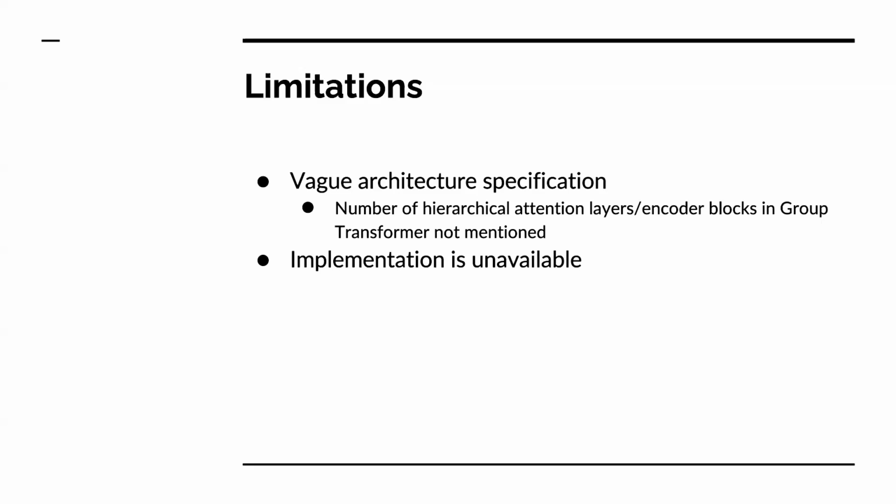We can't find a GitHub for it, so we can't run some tests. We can't replicate these results that I just showed. Lastly, although HiCLIP introduces significant gain in performance, computing the hierarchy attention mask adds a lot of overhead. There's a lot more computation.